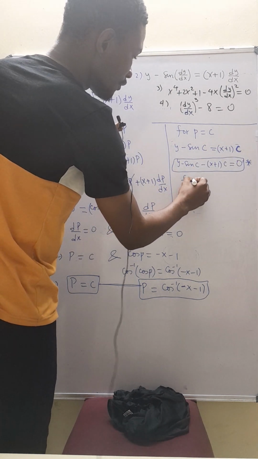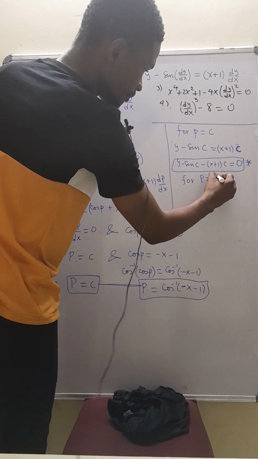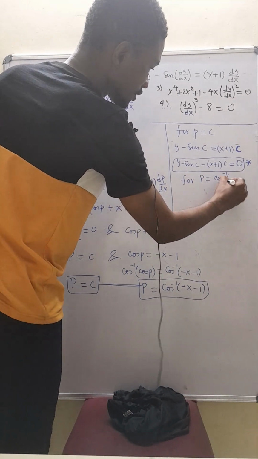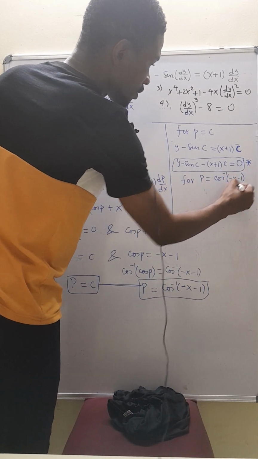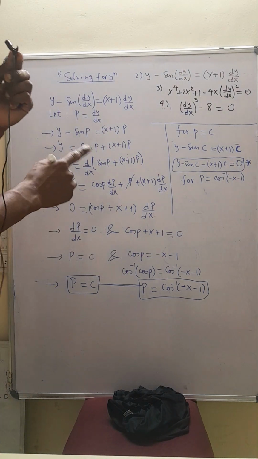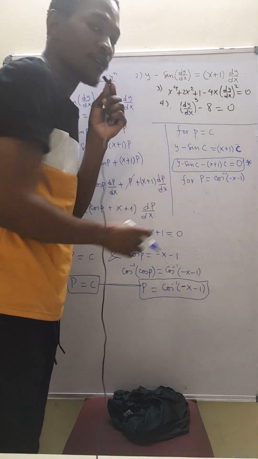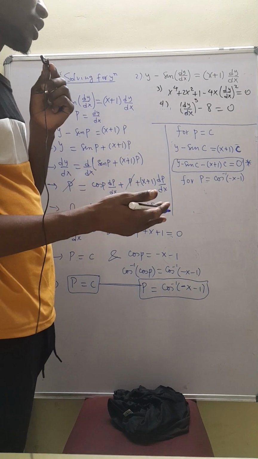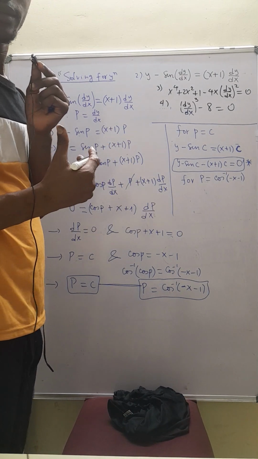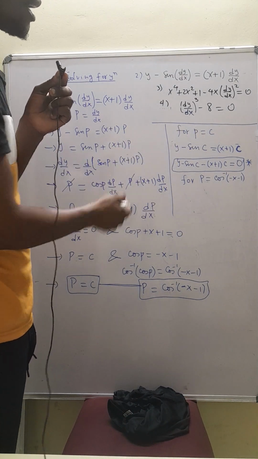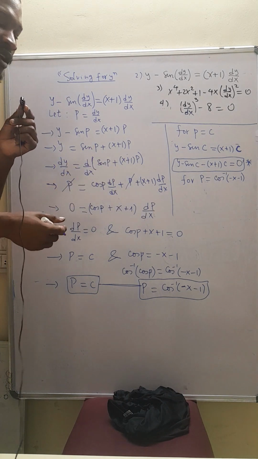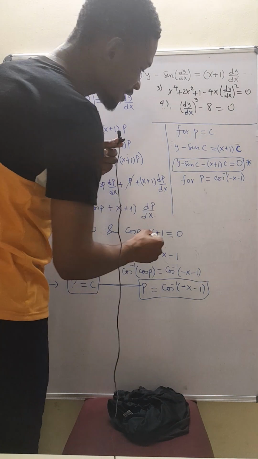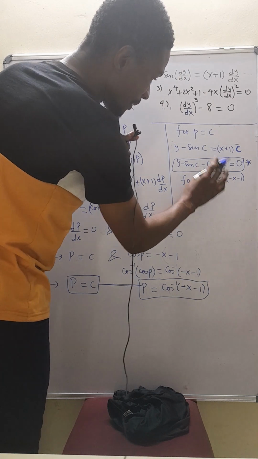Now, for the second p, p equal to cos inverse of minus x minus 1. We know that the cos inverse function is neither even nor odd, so we cannot just take the minus outside. We have to keep it like this.